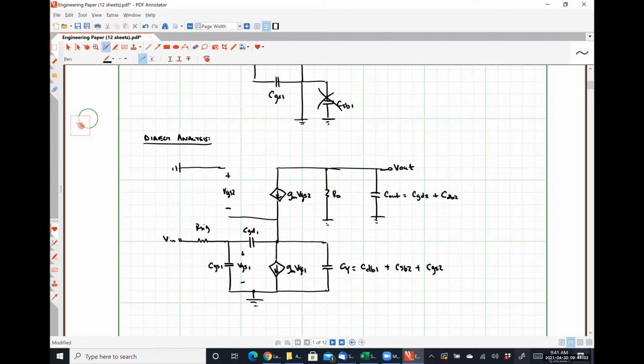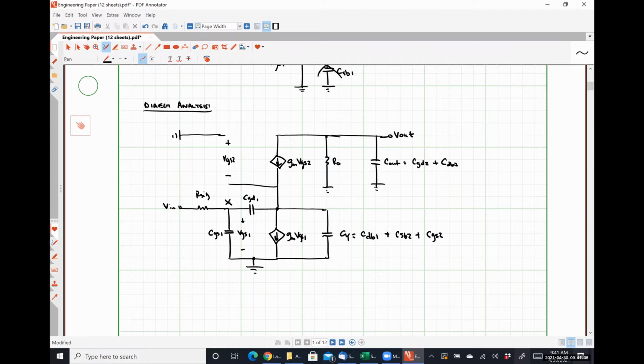So I am going to label this node as X, this node as Y, and I'm going to wind up having to do KCL at node X, node Y, and the output node in order to develop a transfer function for this thing.